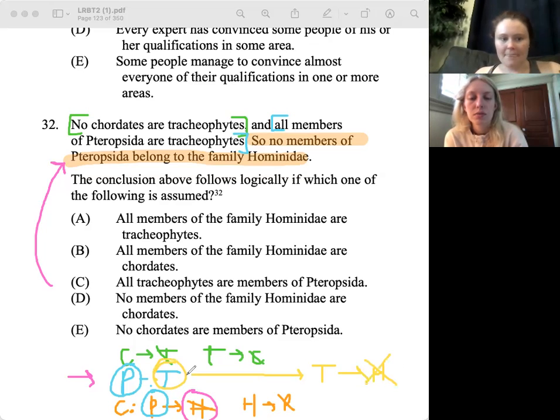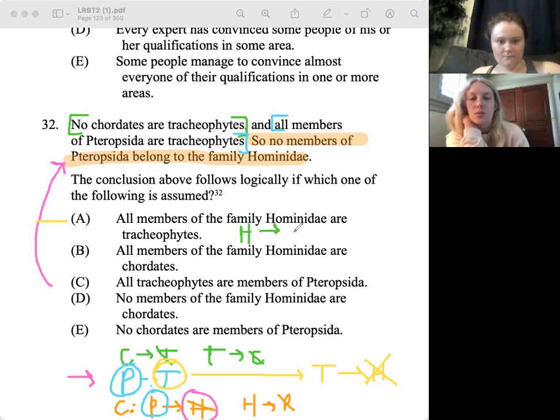All right, so go ahead and start with A and tell me what you think. All members of the family Hominidae are tracheophytes. That's the opposite of what we want to do. Excellent. B, all members of the family Hominidae are chordates.